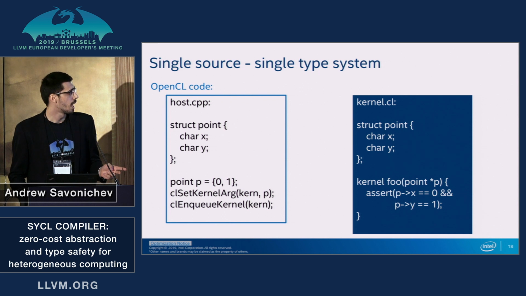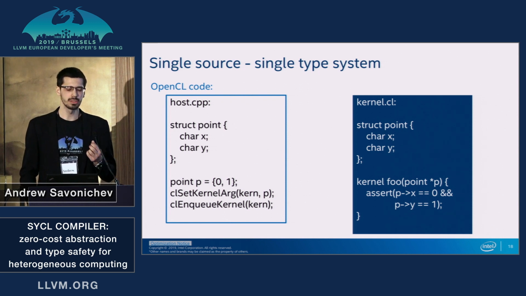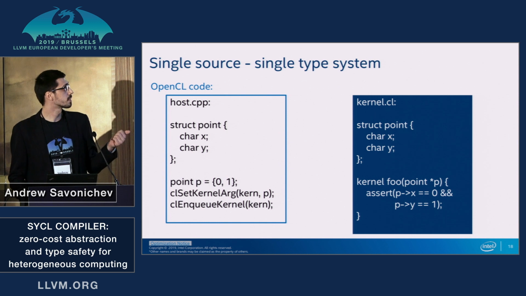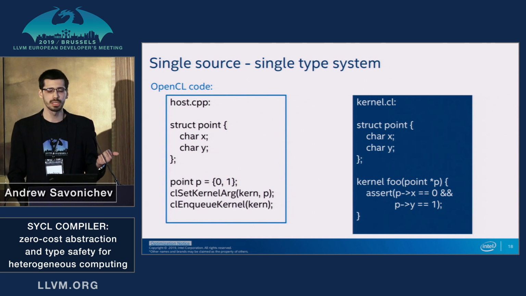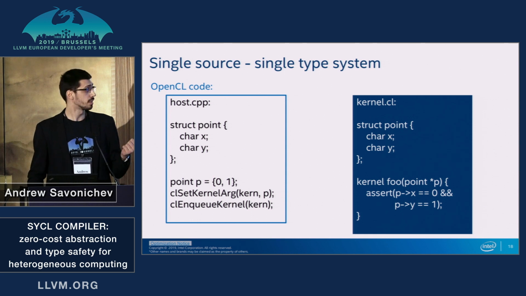So, this works pretty well until you try to exchange data between host and device using user-defined structures. So, for instance, here we have a struct Point. We have two chars on both a host and a device. You usually put this in a header file that is shared. And the problem is this doesn't work, actually.